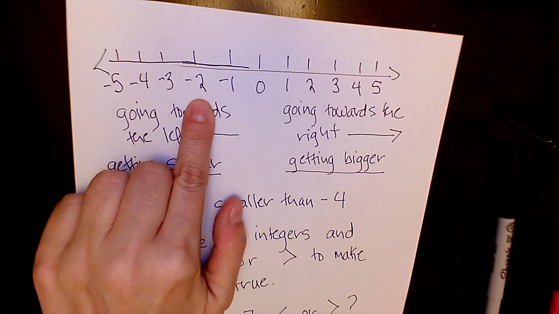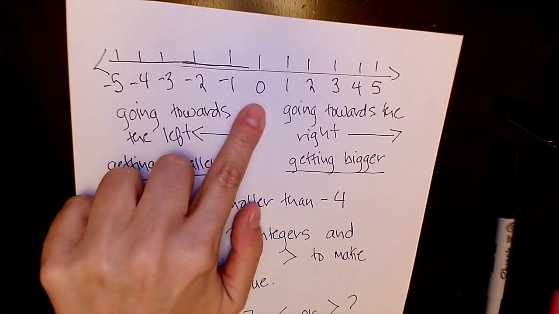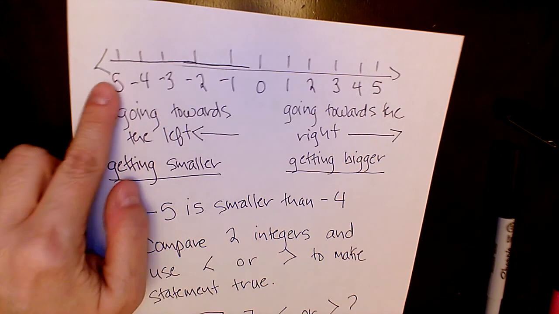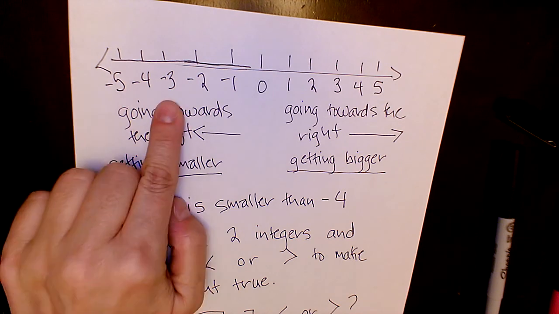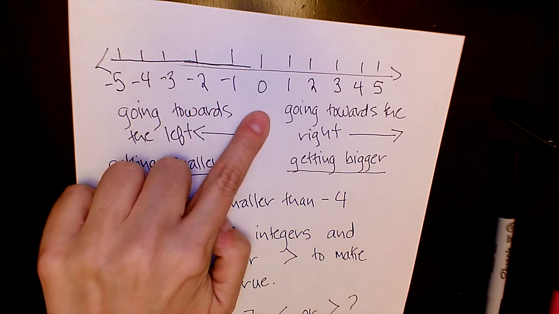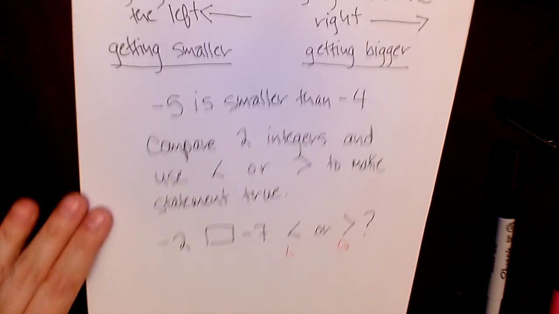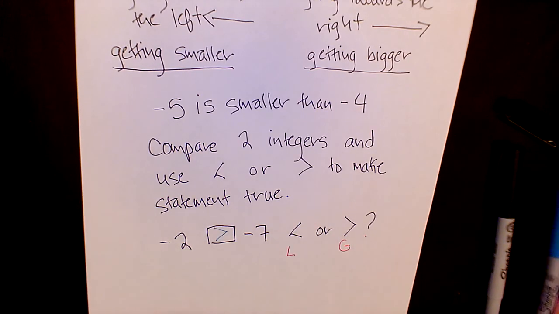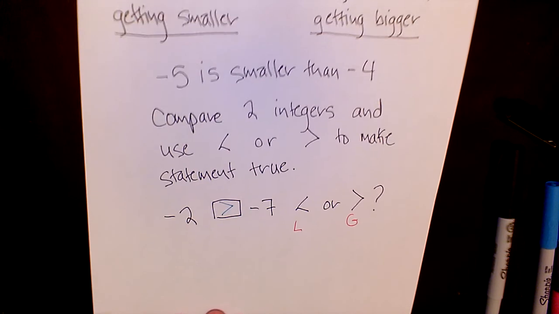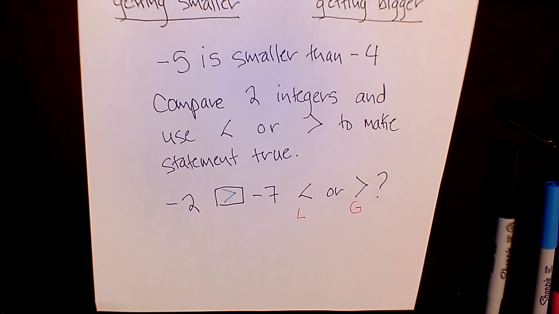Well, we can look back on the number line, and we can see negative 2 is closer to 0, and negative 7 is down here off the page. So negative 2, we can say, is greater than negative 7. So negative 2 is greater than negative 7.